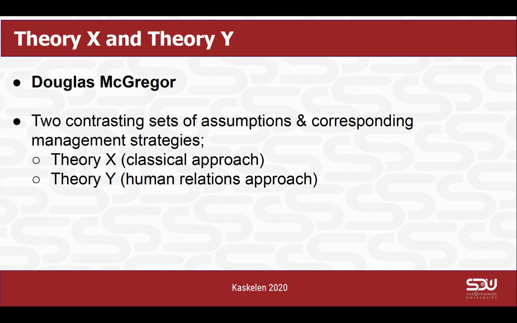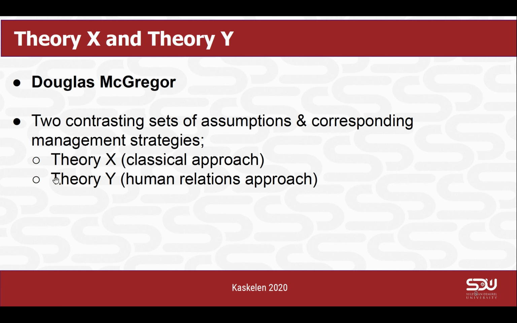So basically, Theory X and Y are two contrasting sets of assumptions about people, and they also offer corresponding management strategies, right? So according to Theory X, the sets of assumptions and management strategies correspond to the classical approach, right?